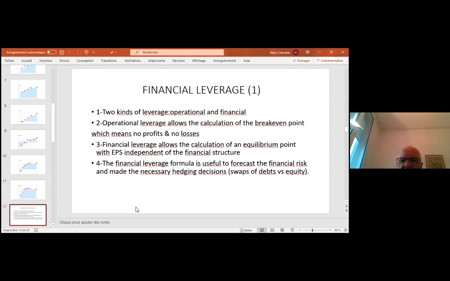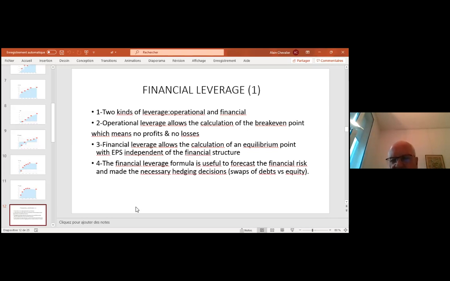As we know, and we heard before, fixed costs are connected to the risk level. The higher the percentage of fixed costs in your total costs, the higher the risk is.